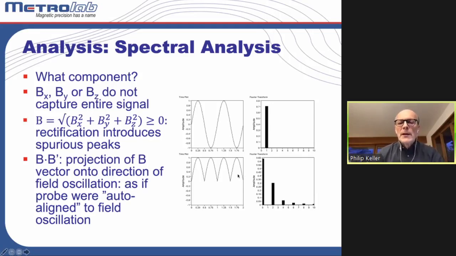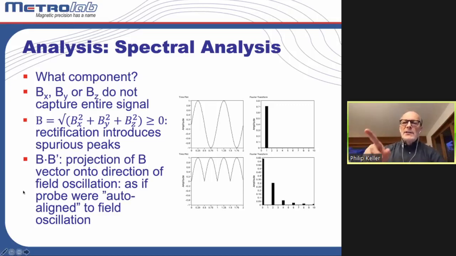So what we've done is we've invented this fake component called b.b prime. And what it is, if you imagine that your vector is oscillating like this, so the direction of oscillation is computed to be this, and then you project the B vector onto that, and that reconstitutes the sine wave.